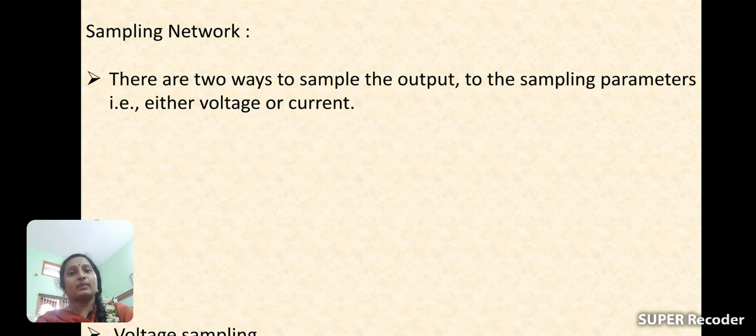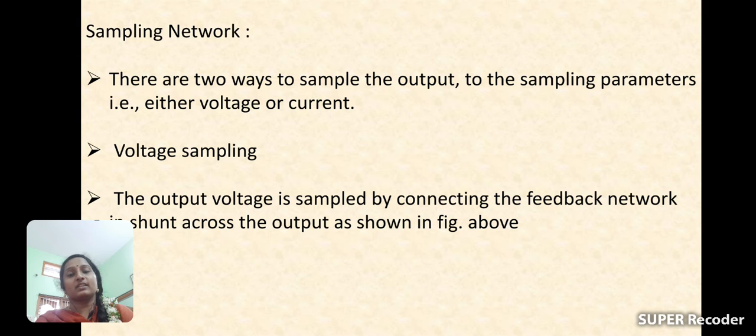So next one, sampling network. I also explained this. Once see the slide. Here there are two ways to sample the outputs, depending on the sampling parameters, that is either voltage or current. The sampling is of two types: one is voltage sampling, second one is current sampling.